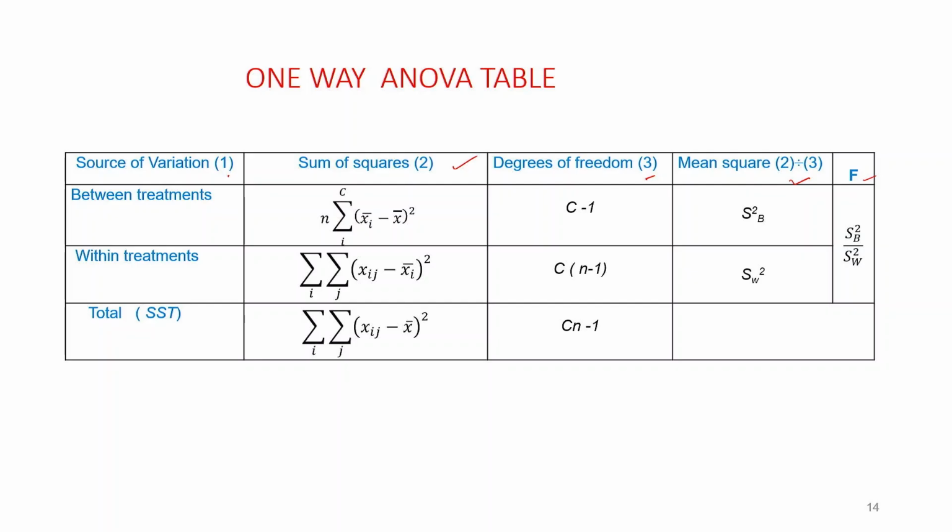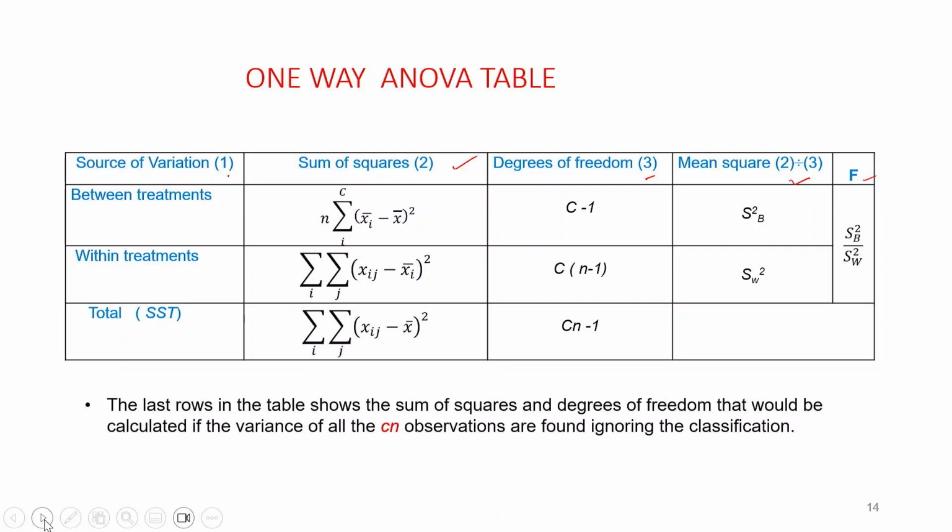And what is written here, you can see between treatments, this formula is well known to all of you. When I divide what is there in column 2 by column 3, what we get is variance.